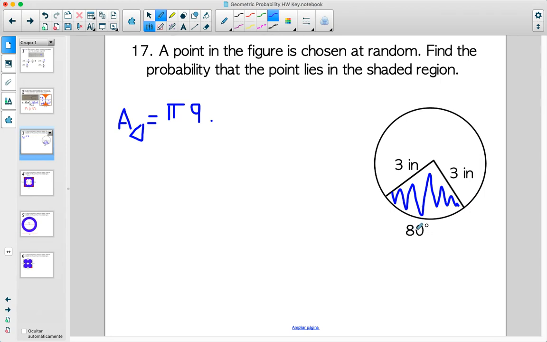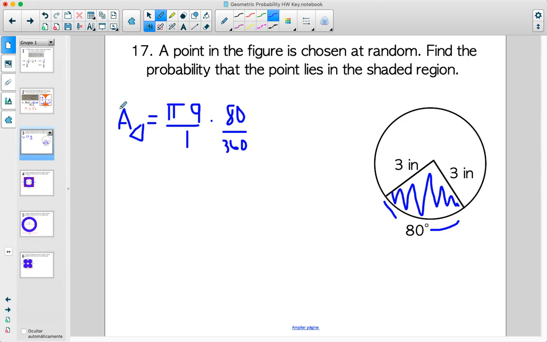So since this arc is 80, we know that this central angle is also 80 degrees. So this angle right here is 80 degrees. So we're going to do 80 divided by 360. Hopefully you did not forget that. Okay, 360. I'm also going to put this over 1.